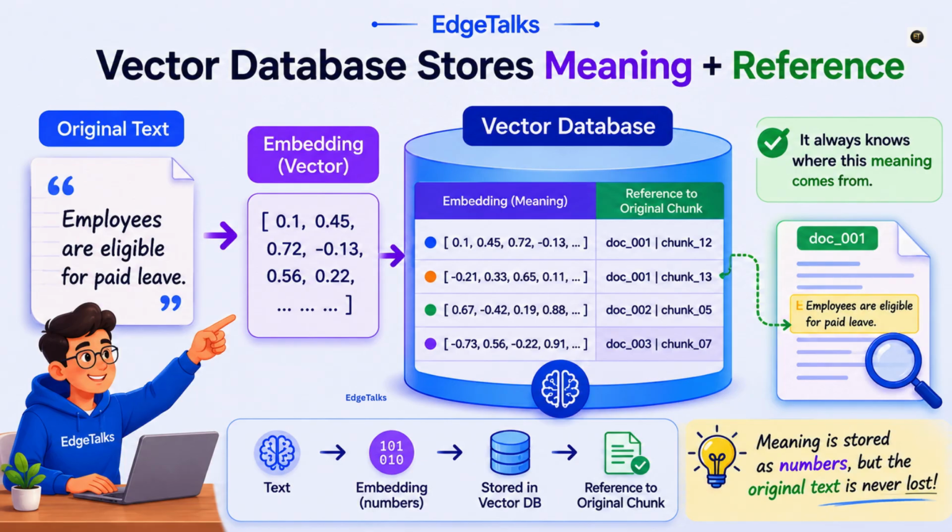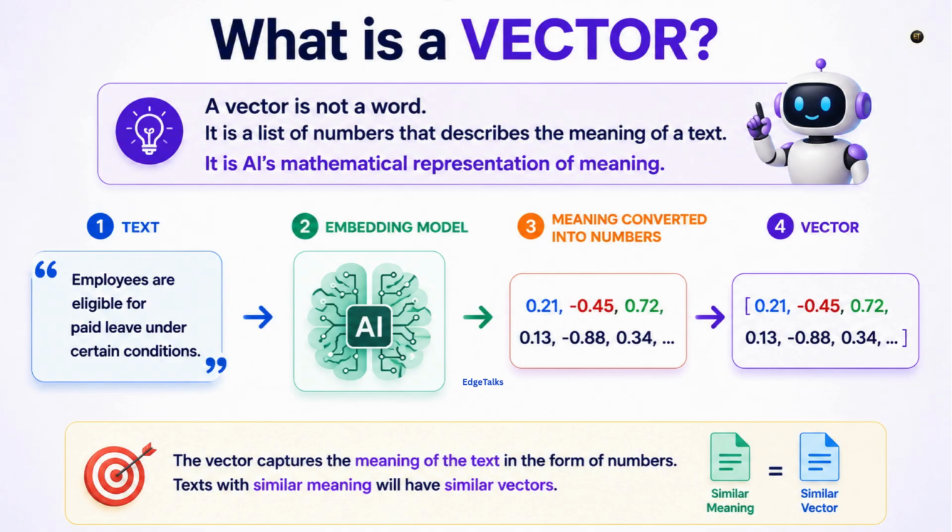Before we go further, let's understand one important term: vector. Now, what is a vector? A vector is not a word or a sentence. It is simply a list of numbers that mathematically represents the meaning of that piece of text. For example, after an embedding model processes the sentence "employees are eligible for paid leave," it may generate something like 0.21, -0.45, 0.72, 0.13 and it goes on.